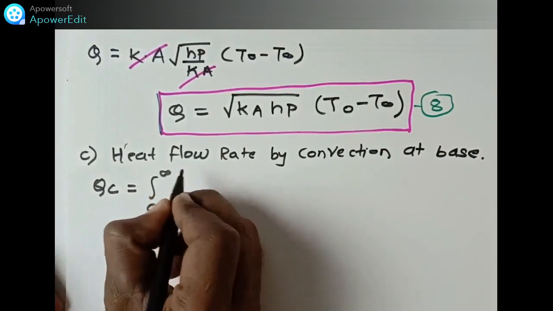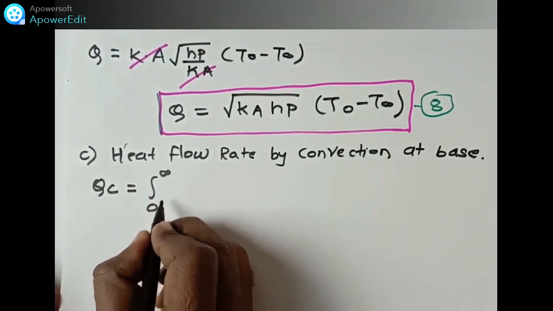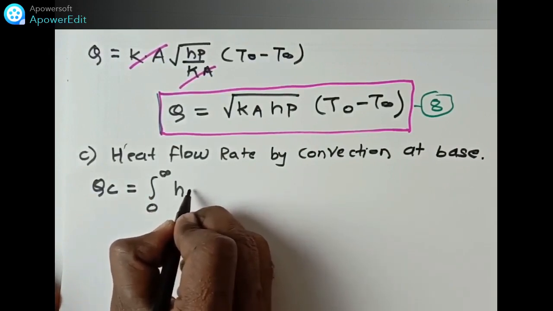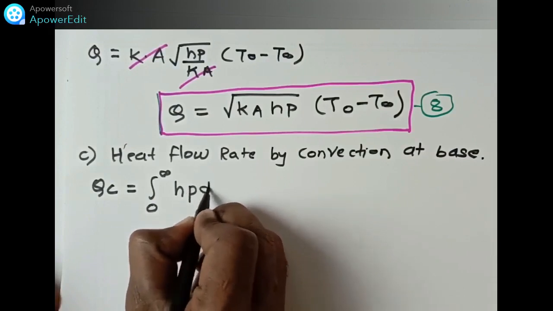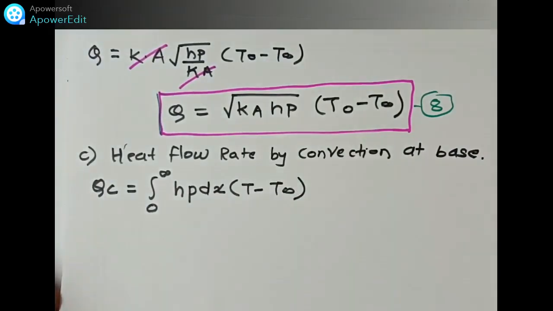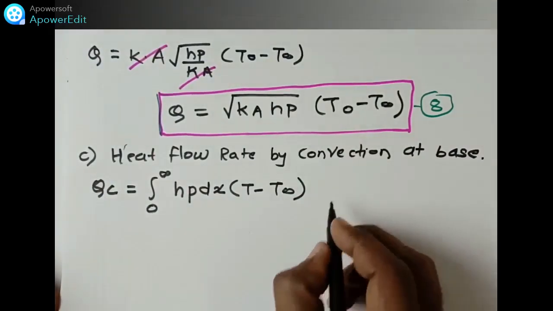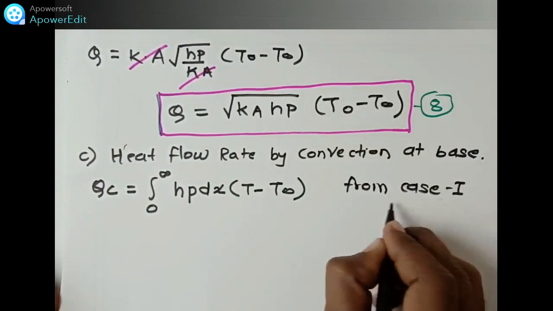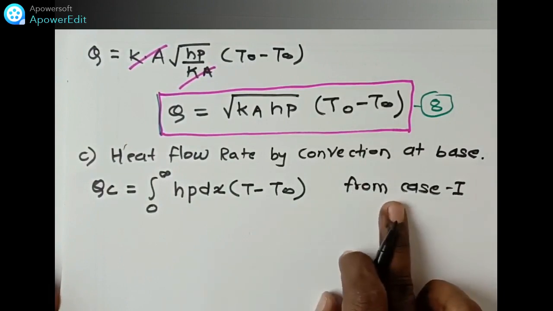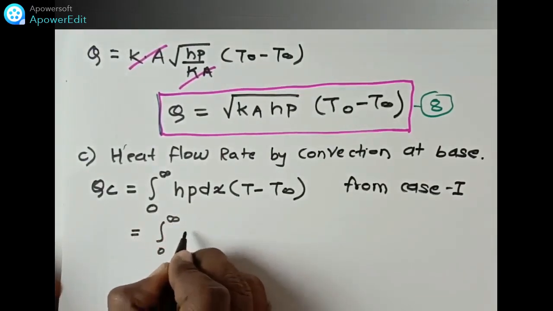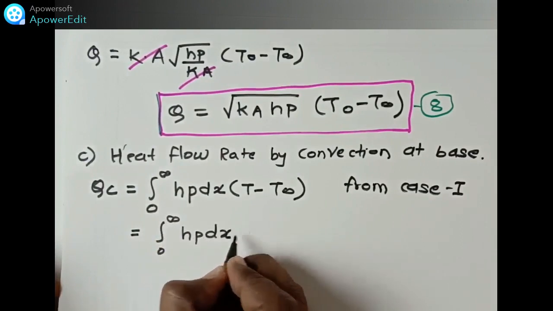This can be written as integration of 0 to infinity, and we know that the convection heat transfer equation is HP dx into T minus T infinity. From case 1, this in the last video we have seen. So here now 0 to infinity HP dx.